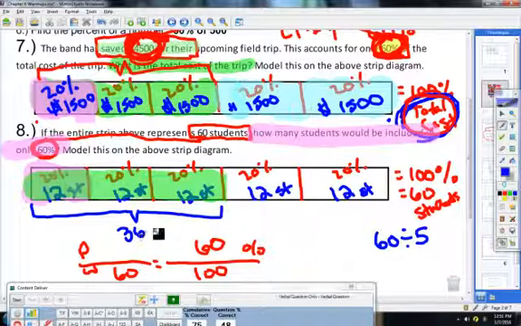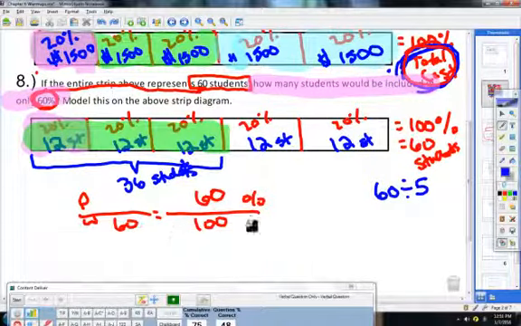Do you guys see how I did that? If it wanted 80%, would I just highlight one more section? Right? If it was 20%, it would be 12 students. If it said 40%, it would be how many students? 2 boxes, which is how many students? 24.